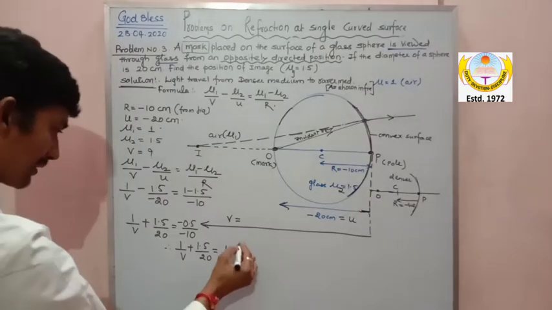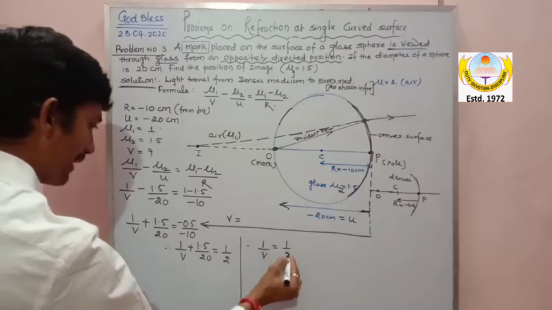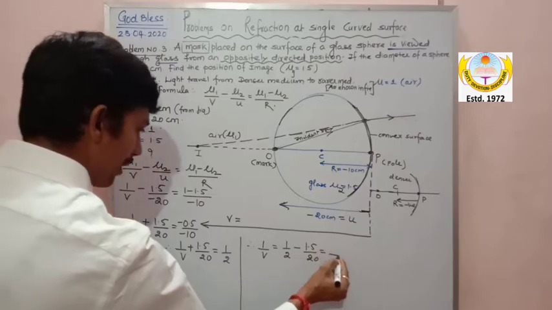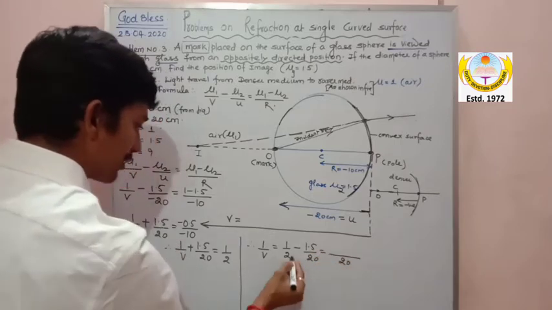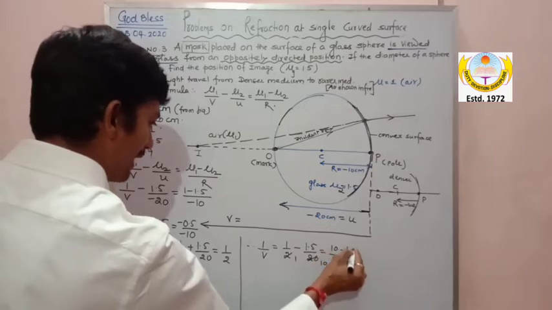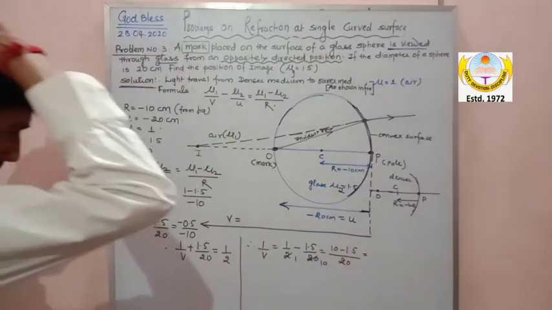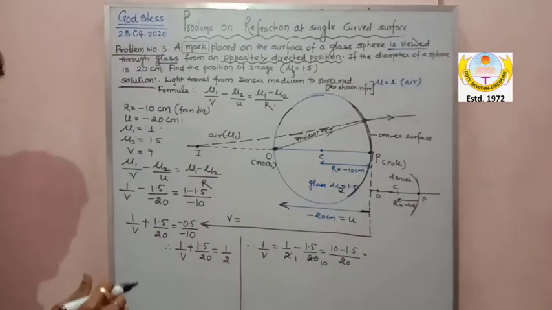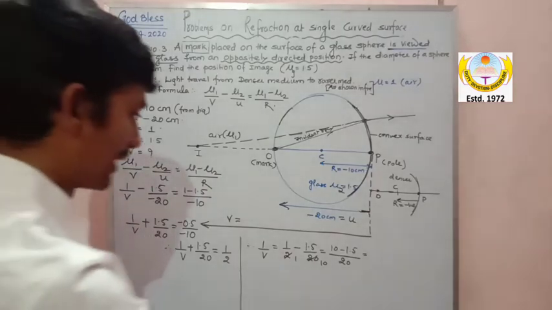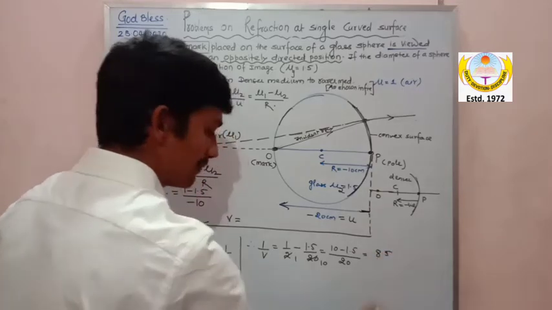Now if I solve this, 1 by v is equal to 1 by 2 minus 1.5 divided by 20. Now the LCM of this will be 20. This will be 10 minus 1.5. 10 minus 1.5 is nothing but, come on everybody, 8.5.